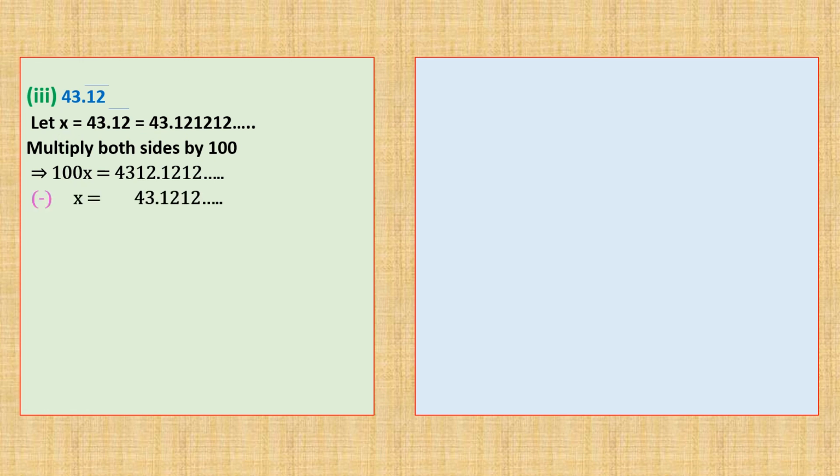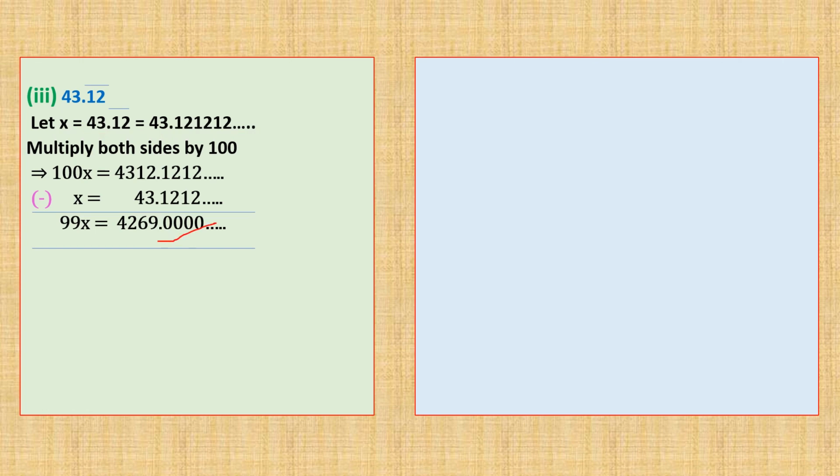Okay, and subtract x from this. So 100x minus x is 99x, and the decimal parts cancel to 0. After subtraction, 99x equals 4269.00.